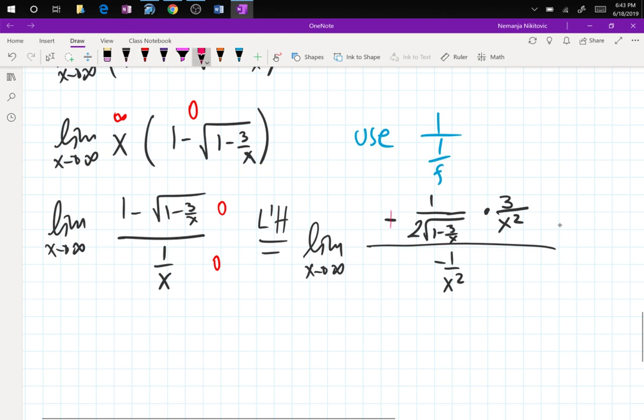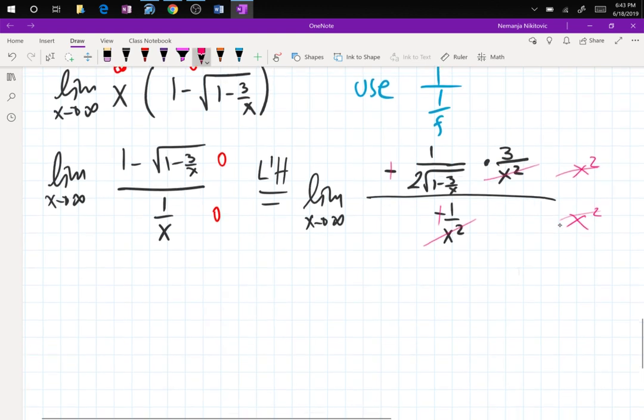Negative will cancel negative. And in order to solve this faster, we multiply top and bottom by x squared, which would kill these x squares. Negative and negative canceled as well.